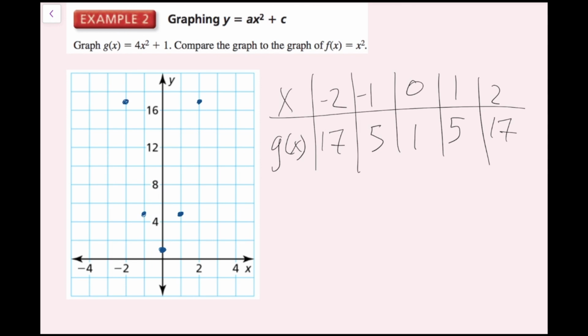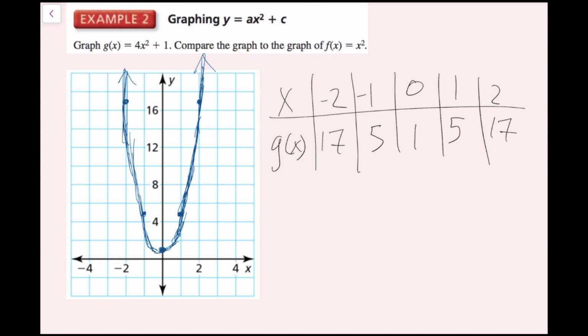Okay, now I'm going to sketch my curve. Not perfect, but good enough.